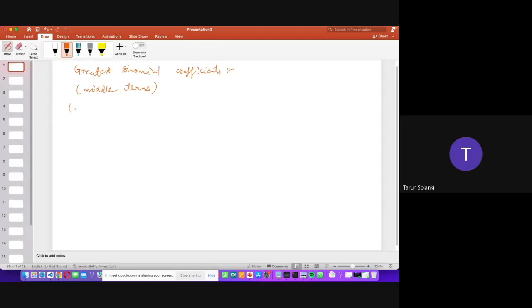Here some cases are given. First, if n is even, when r is equal to n by 2, that is nC(n/2), it takes its maximum value.